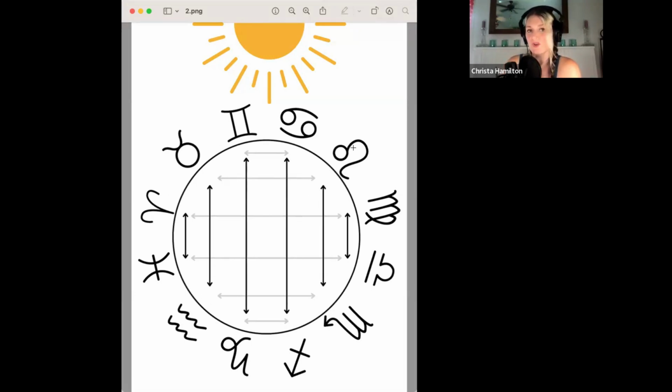So this is kind of a trick. If you can't conceptualize what's Antiscia and what's contra Antiscia, thinking of it in a whole sign system is the place to really start, so you can somewhat grasp it. The signs that are opposite of the Antiscia are the contra Antiscia to that same sign. So Scorpio is Antiscia to Aquarius.